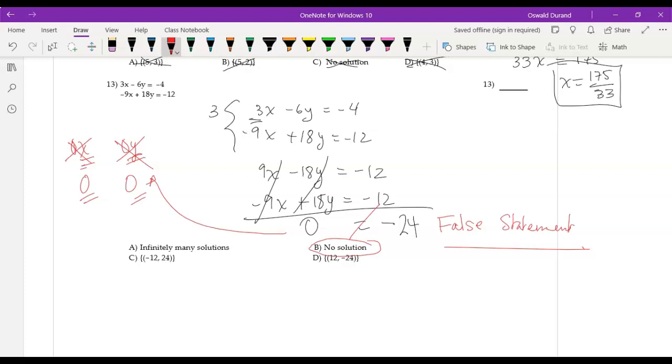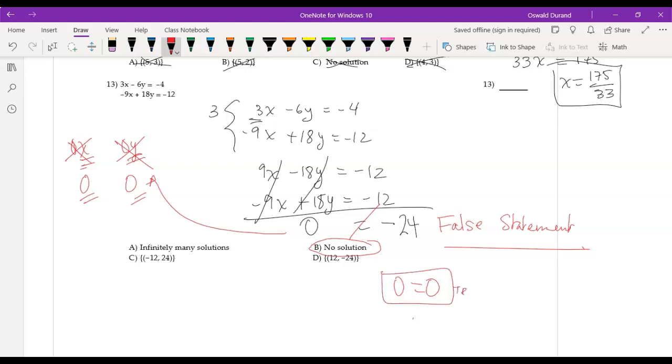So don't make the mistake of putting 0x or 0y. You just put 0, because I don't want you to get confused. So it's 0 equal to negative 24, and that's a false statement, therefore it's no solution. You will have cases where you have something like 0 equal to 0, and this is a true statement.